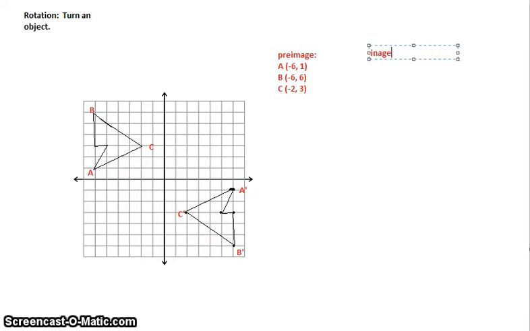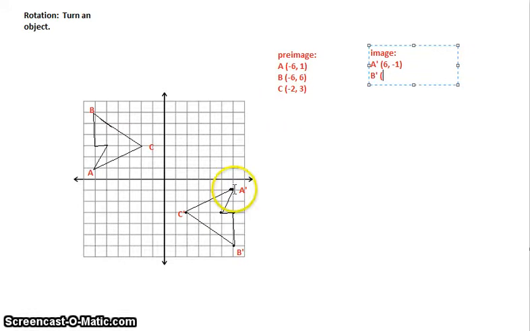And then for my image. So I'm going to find A prime, and A prime on my x, I'm going to go 6, and then I'm going to go down 1, so I'm going to say negative 1 for my y.